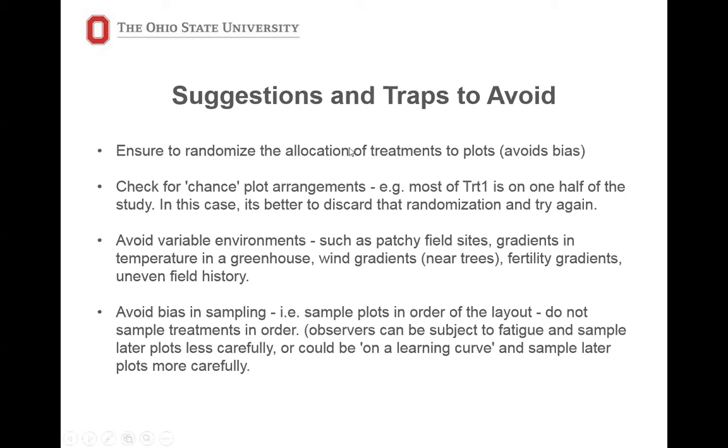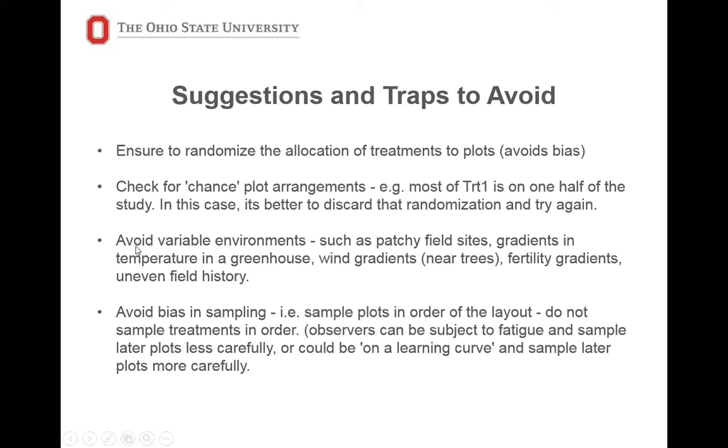Even though we may have used a randomized protocol, we may still have a chance arrangement of some treatments together. If we have reason to suspect we don't have a good experimental design, we can just discard that and make a new design.